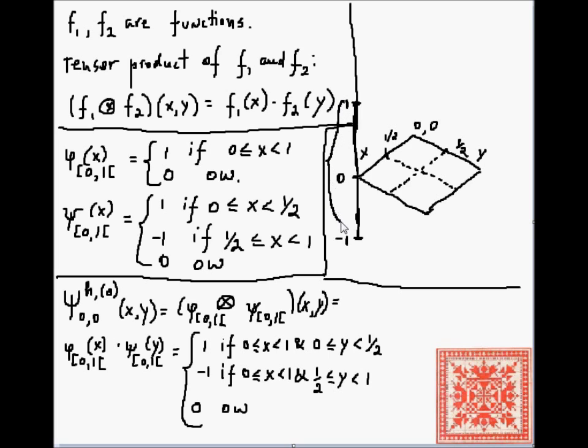Okay. So at 0 to one half, the value of this tensor product will be 1.